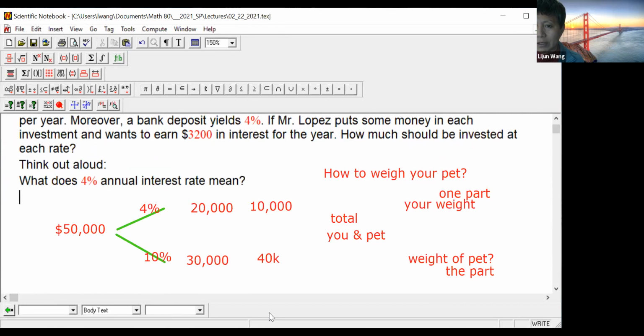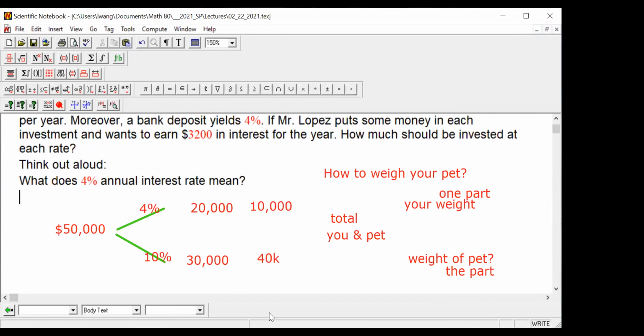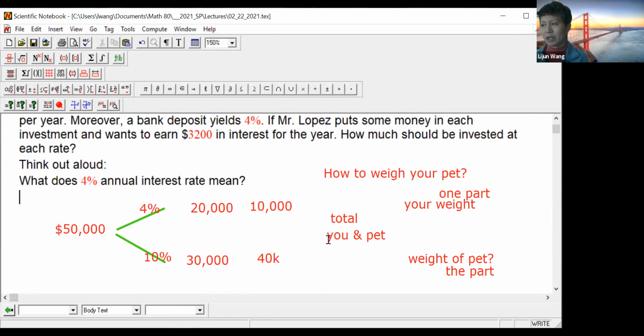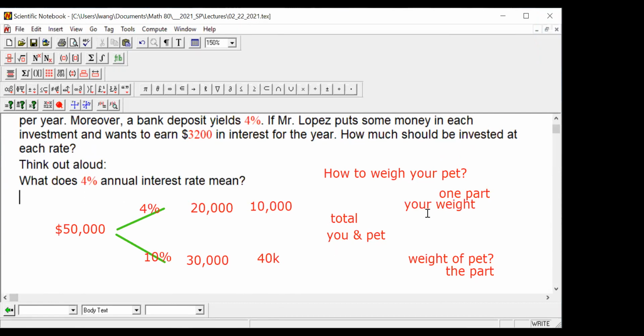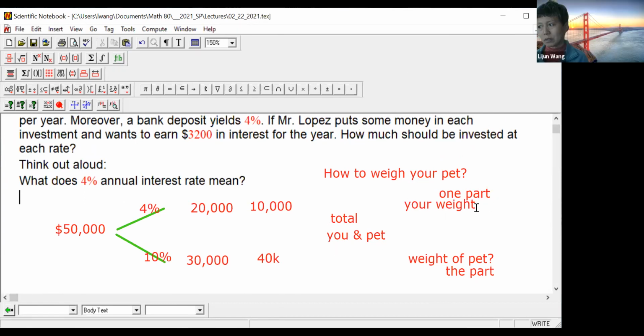What do you mean 50,000 and X? For 10%. Since for the pet, your total should be you and the pet. So you got the weight of you and your pet, and then you got your own weight. How do you figure out this formula?